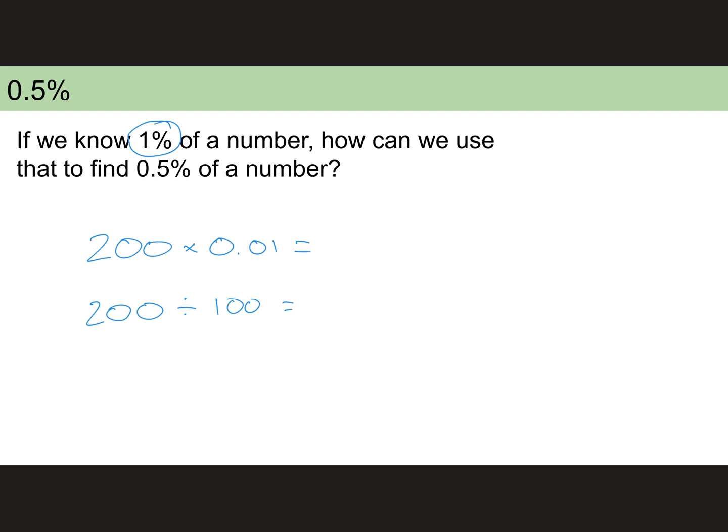In both of these cases, my decimal place is just going to move over once, twice. So my answer for both is 2. So I just found 1%. And if I'm trying to find half of that, all I have to do is divide that number by 2, and it will give me my solution of what 0.5% is. So 2 divided by 2, we got 1.